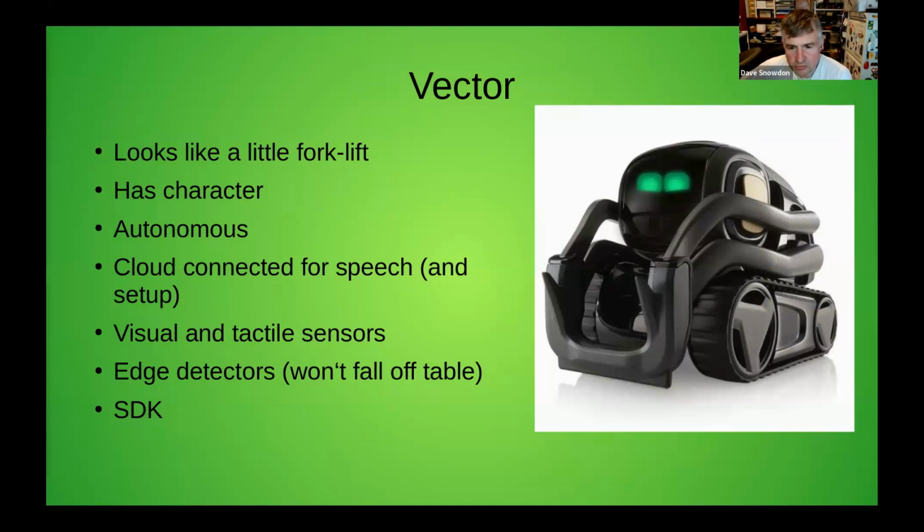His main sensor is a camera mounted on his head, and he has a couple of tactile sensors on his back, so you can stroke him. He also has edge detectors on his underside, so he won't run off a table or your desk. You can let him roam around on your desk and be relatively confident that he won't fall off. And he has an SDK. You can actually write software for him.